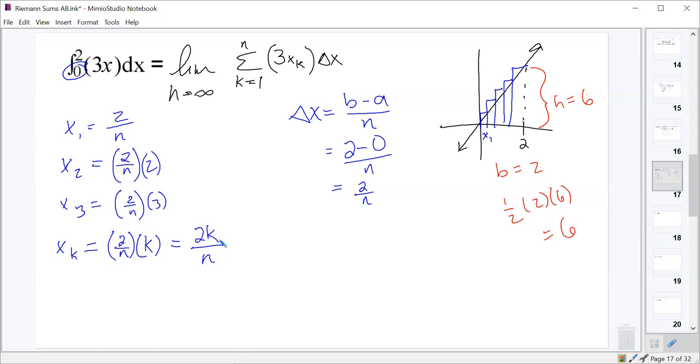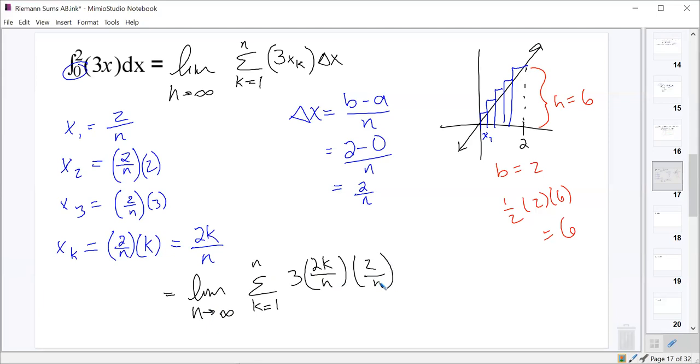No. Okay. So now we can go in and replace our x sub k with 2k over n and our delta x with 2 over n and get a new limit and a new summation. So we have the limit as n approaches infinity of the sum from k equals 1 to n of 3 times x sub k, which was 2k over n, times delta x, which was 2 over n.